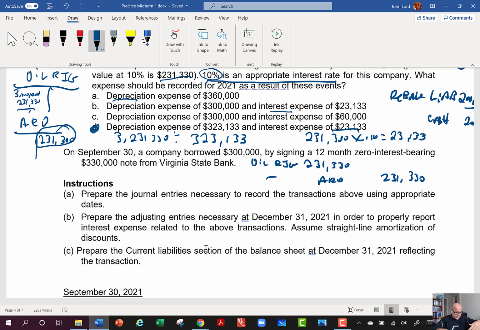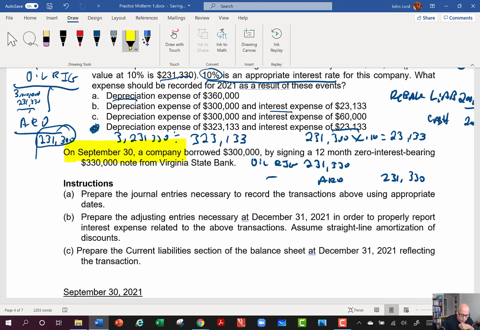Yes, there will be multiple choice questions, like the ones we saw here, like the ones you see in your practice midterm per chapter, but for the full-blown problem, it's going to be either notes payable or non-monetary transactions. Okay, good.